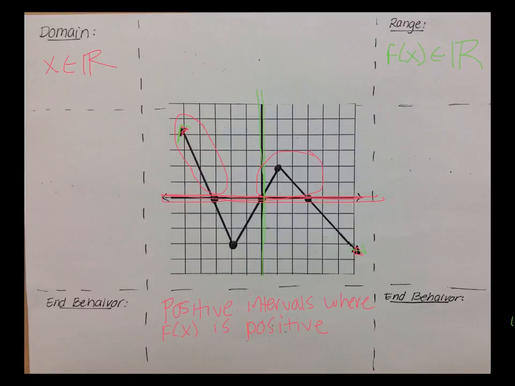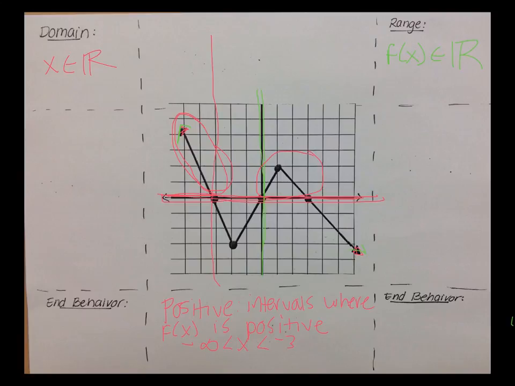So the interval is going to be negative infinity is less than x is less than -3. That's one interval where f of x is positive. That's this interval. Because when we talk about intervals, we talk about the x coordinates that the interval is on.